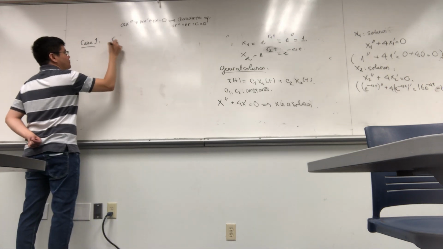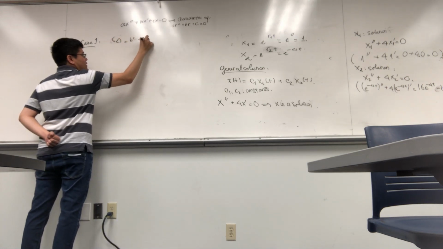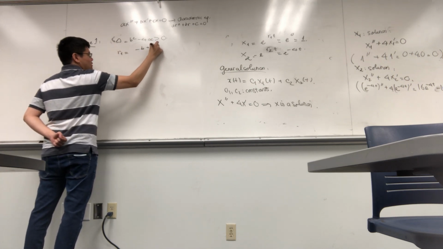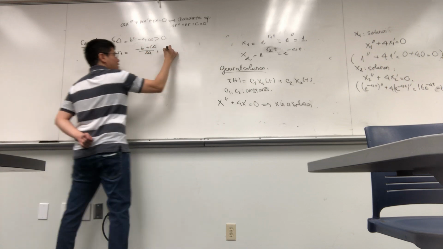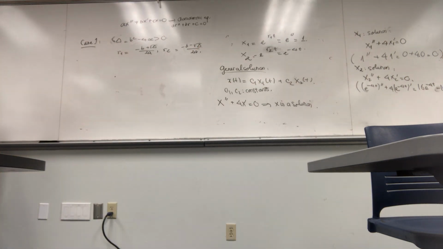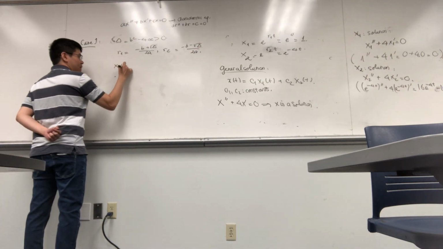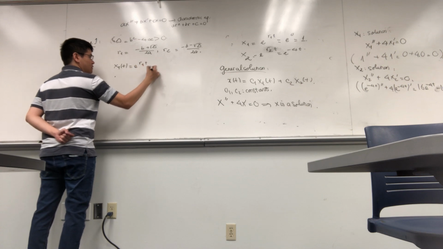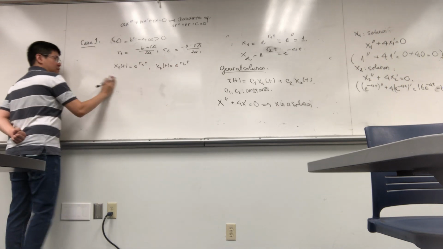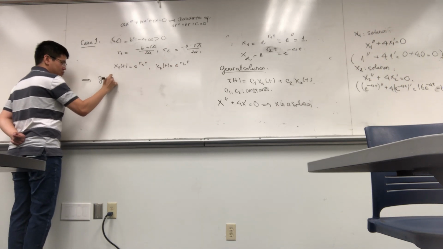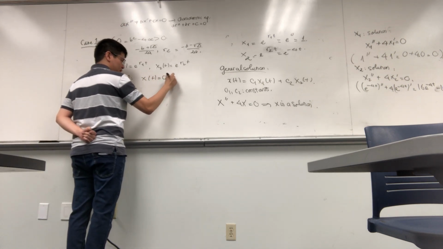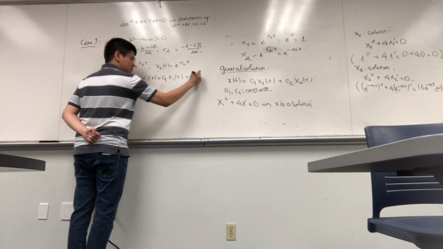Case number one: delta, b squared minus 4ac, is strictly greater than 0. So you have two solutions, r1 equals minus b plus square root delta over 2a, and r2 equals minus b minus square root delta over 2a. So x1(t) is e to the r1 t and x2(t) is e to the r2 t. So you can have a general solution, which is x(t) as a linear combination c1 x1(t) plus c2 x2(t).